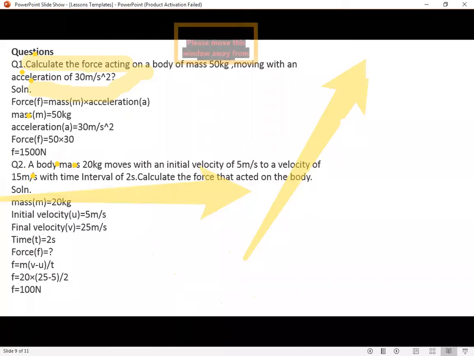Okay. Why will it still be 100? Sir, please, in the question, the final velocity is 15. Yes, so here, let's refer to your question. Your question, 15 minus 5, which is 10, divided by 2, you get 5.